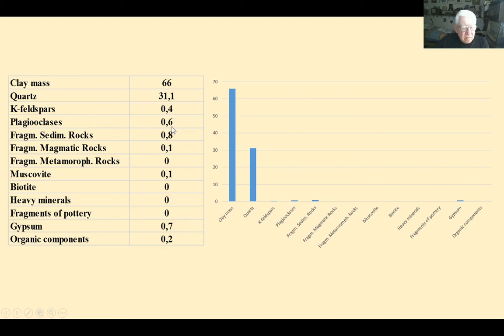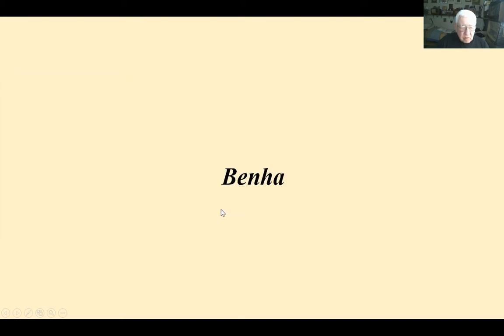And rare feldspars, fragments of sedimentary rocks, mostly fragments of limestones and siltstones, and organic compounds, not too much, but there is secondary gypsum crystallizing in the structure of the bricks. A diagram of these bricks looks like this, mostly clay minerals, and oscillation in the amount of quartz. Of course, all from the Nile Delta, Nile Valley, Benha.